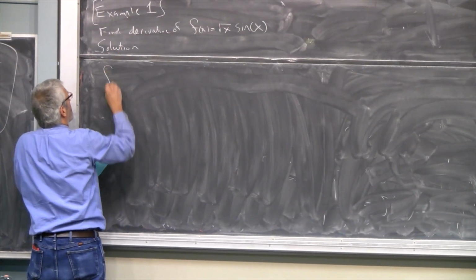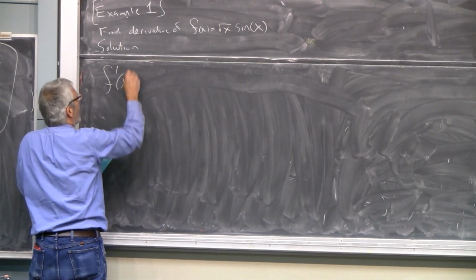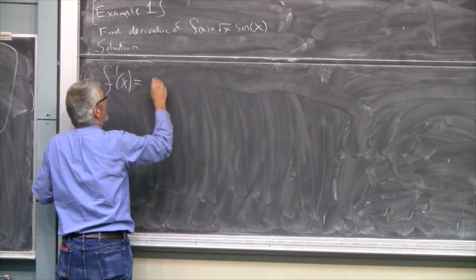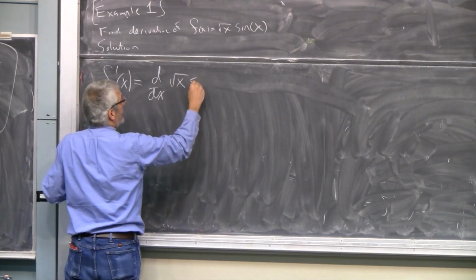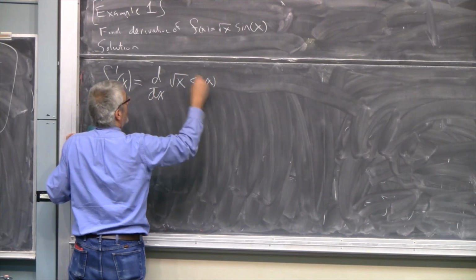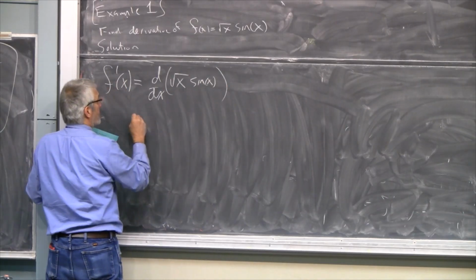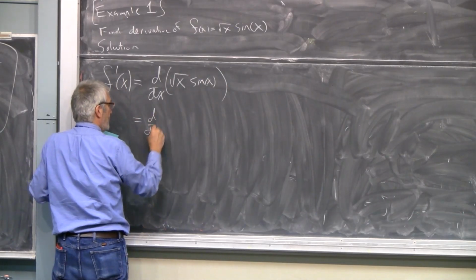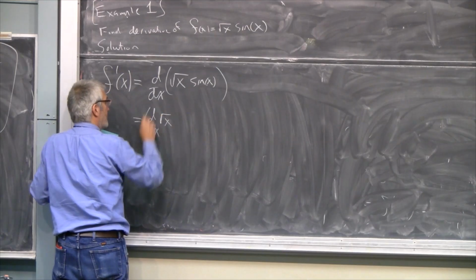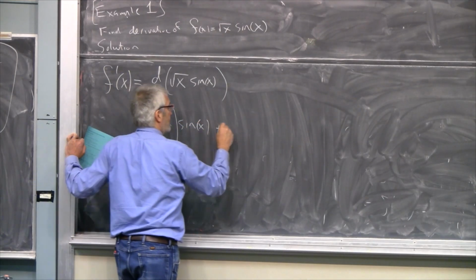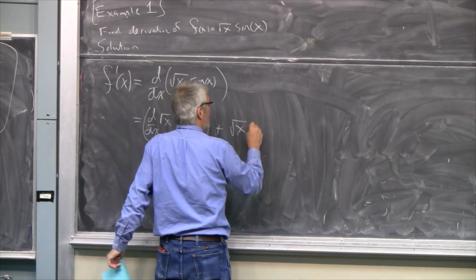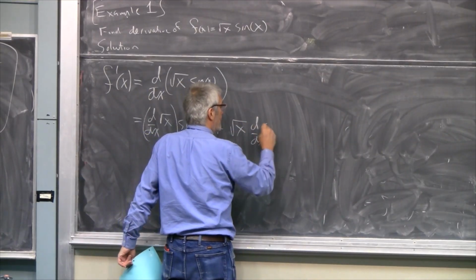So here we go. We're going to start. Our left side is going to be f prime of x. So that's going to be the derivative of this thing, square root of x sine of x. And we're just going to use the product rule. We're going to do the derivative of square root of x times sine of x plus square root of x times the derivative of sine of x.